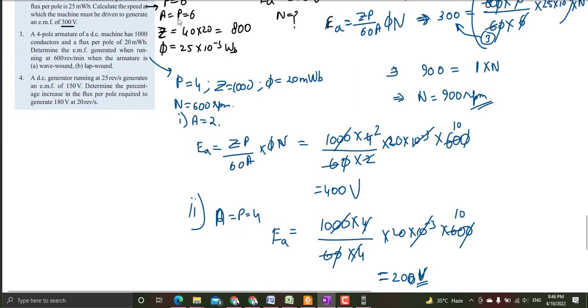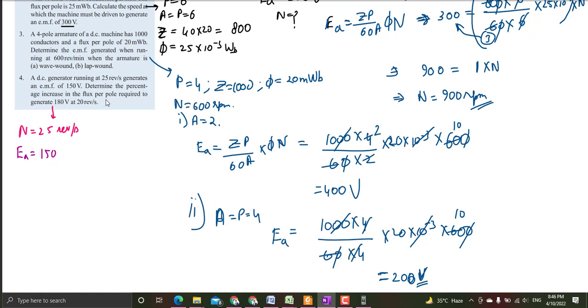Now see question number 4, this one. The speed N is given as 25 revolutions per second and it generates EMF. Similar to what we have discussed, a similar type of question is there. E, the generated EMF, is 150.